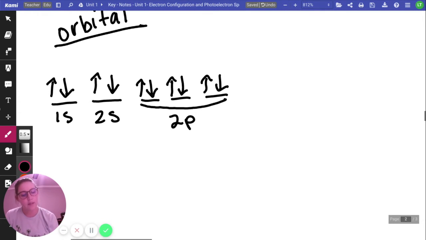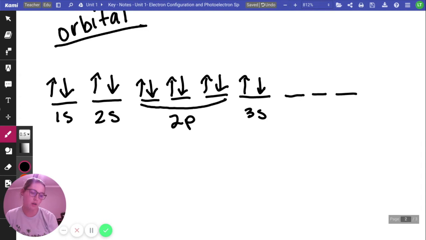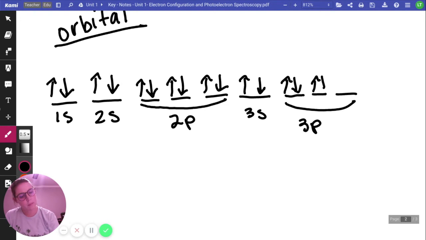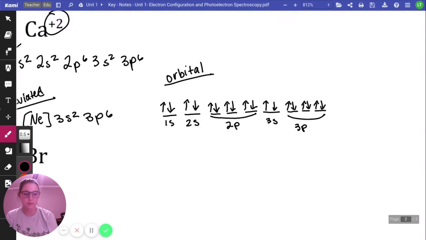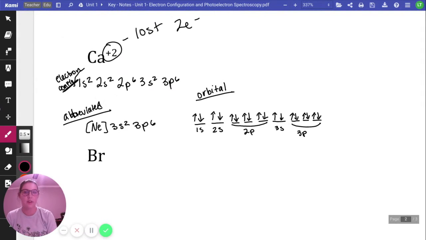And then we have our 3s orbital and our 3p orbital. There we go. So there's our 3 different kinds of configurations.